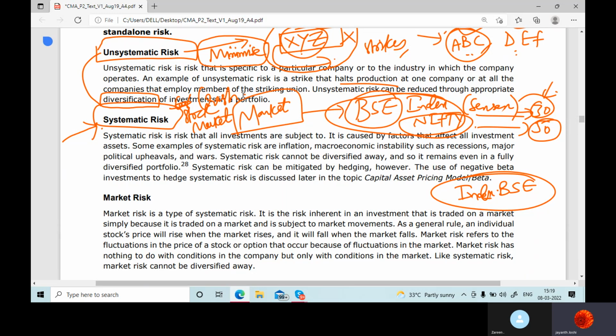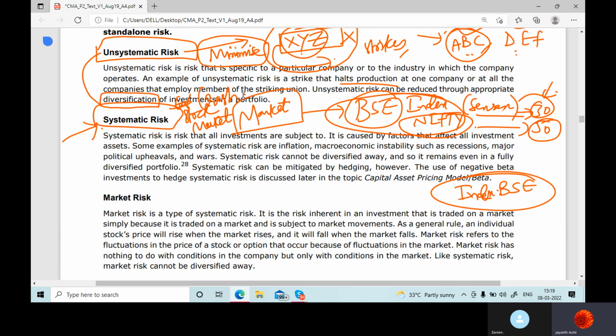That means investors would lose their money at any cost. So here you cannot further diversify because the portfolio is already diversified. When there is a market crash, every investor would lose, and you cannot minimize the losses through diversification in this case because you cannot further diversify.